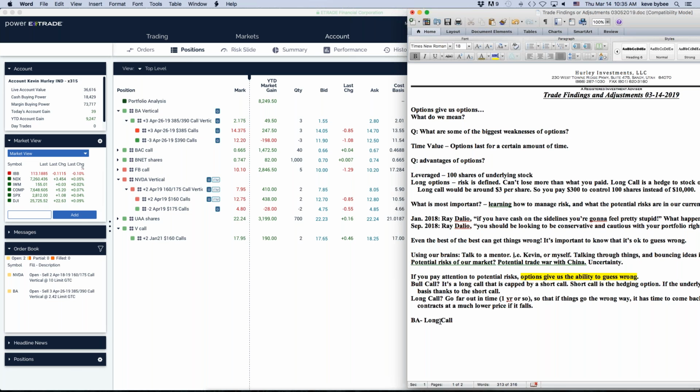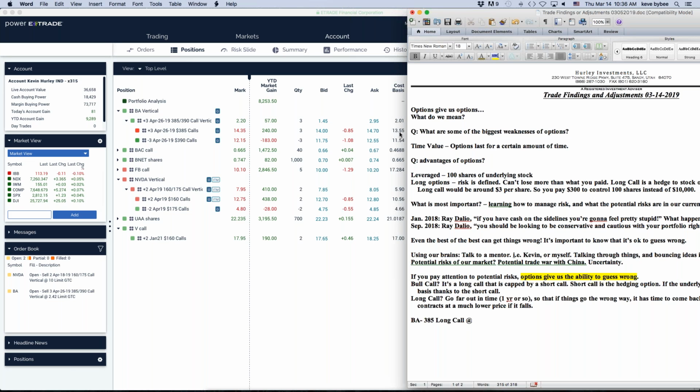I'll name what it is, 385 long calls. Obviously he has 3 contracts, but just going over on a one contract basis what the cost is.